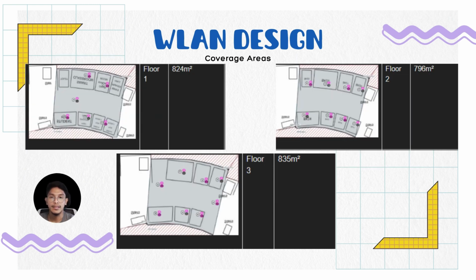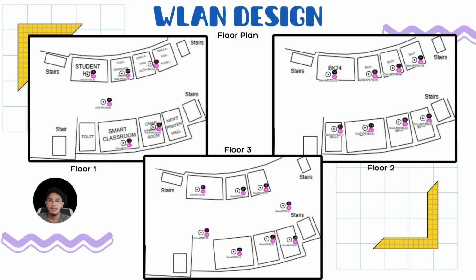For the coverage areas of each floor, there is not much difference in the width. The first floor is 824 square meters, the second floor is 796 square meters, and the third floor is 835 square meters. This is the floor plan of the CS2 building in KPBM.